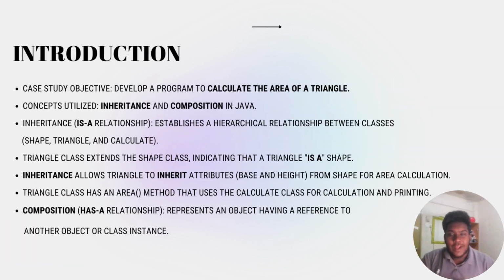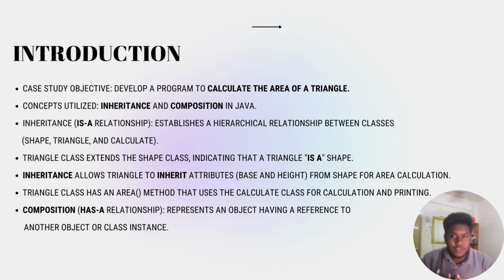Okay, sir. Now I'm going to explain the introduction part for this particular case study. What's the objective of this case study? The objective is to develop a program to calculate the area of a triangle. The concepts that we utilized in this case study are inheritance and composition in the Java language. Inheritance is a relationship that establishes a hierarchical relationship between the classes shape, triangle, and calculate.